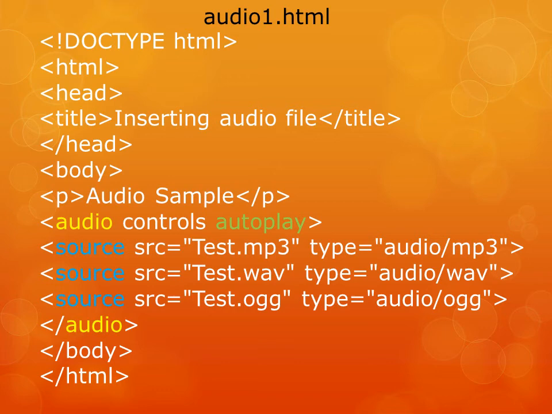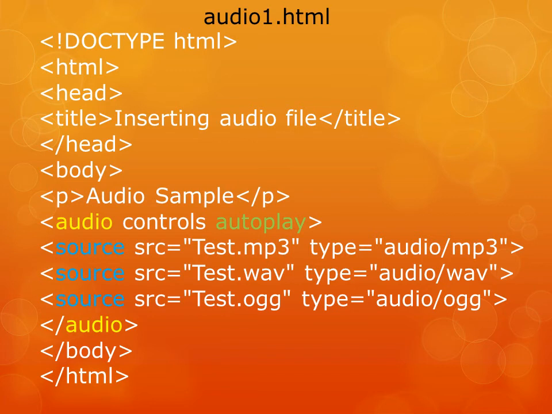And why are we using autoplay here? Once we load a file in the browser, it will automatically play your audio file. There is no need to start your audio file, it will play automatically. That's why we are using autoplay here.